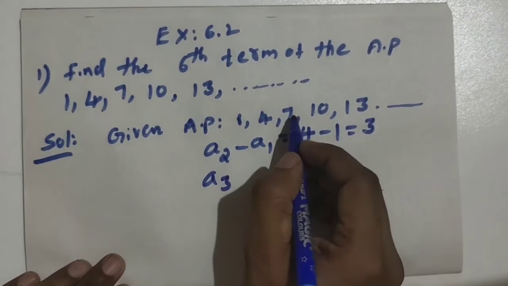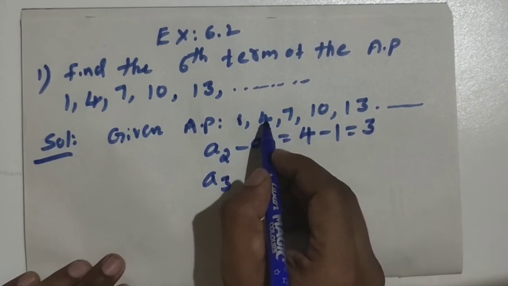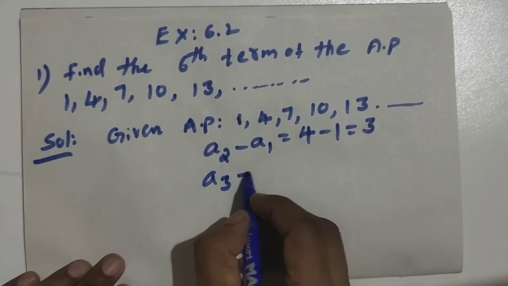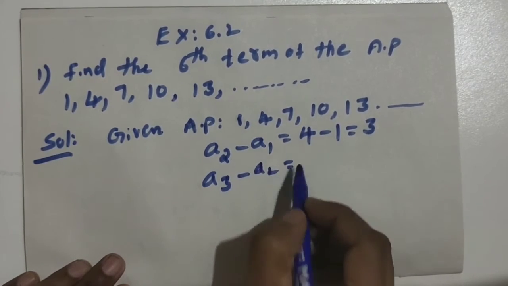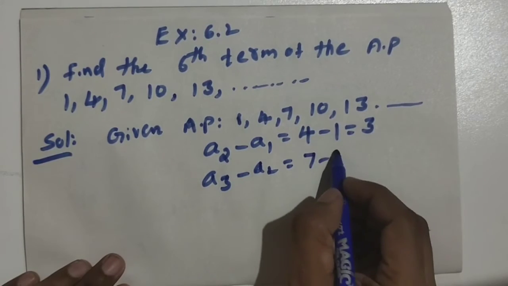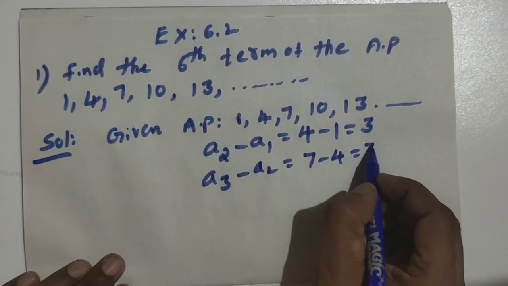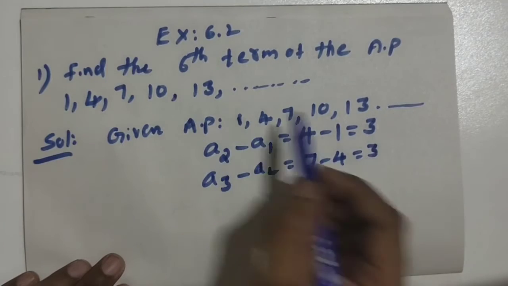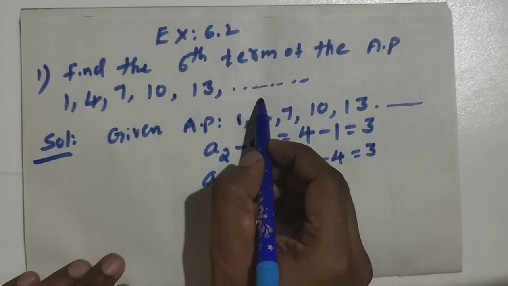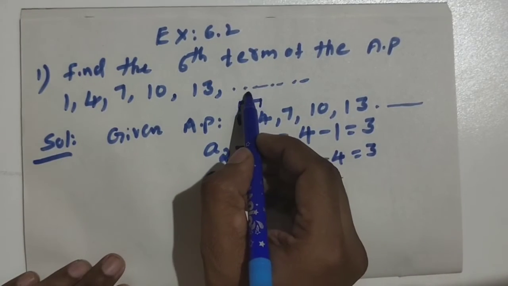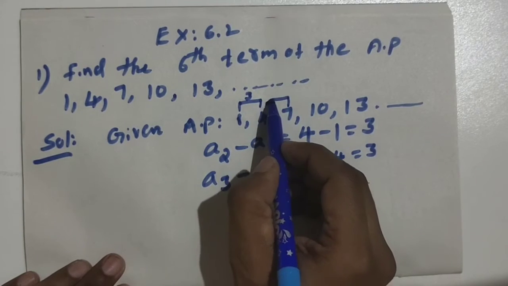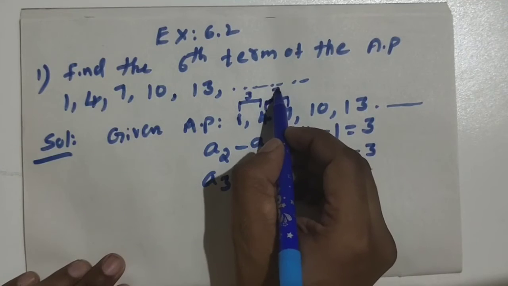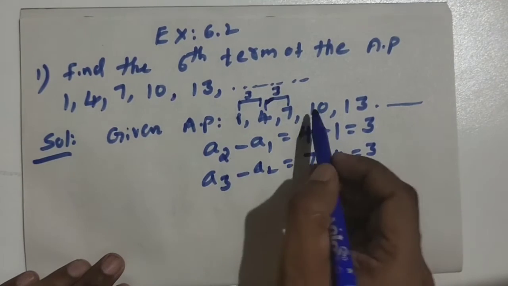In a similar way, the next consecutive terms A3 and A2: A3 minus A2, simply we get 7 minus 4, that is equal to 3. Again the difference of 7 and 4 is 3.